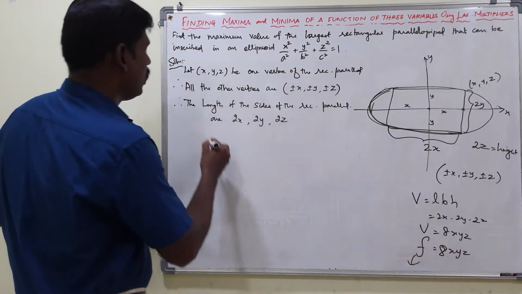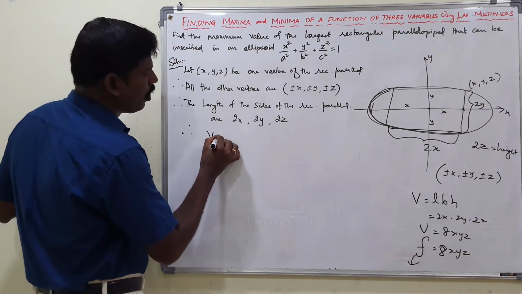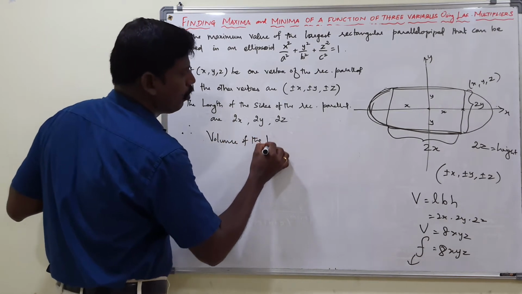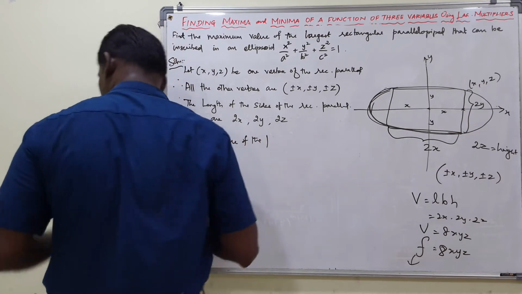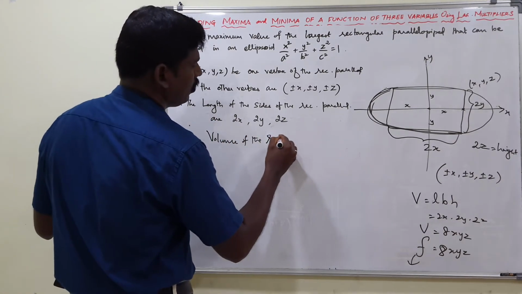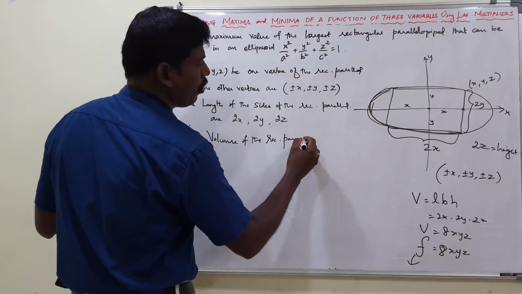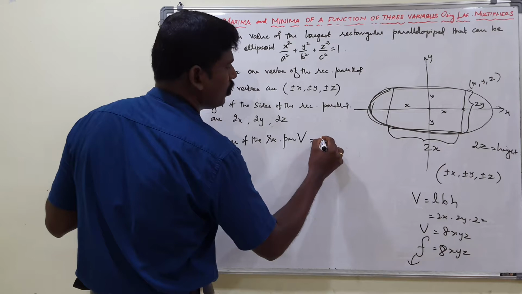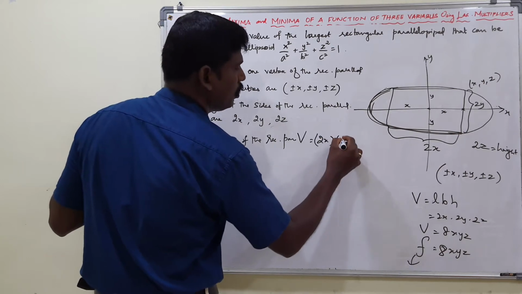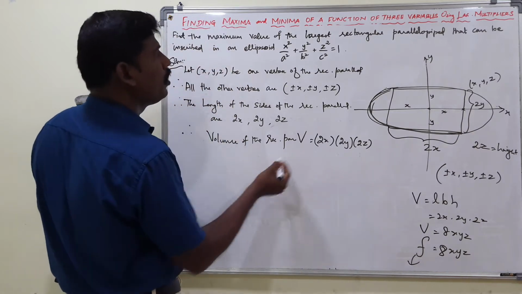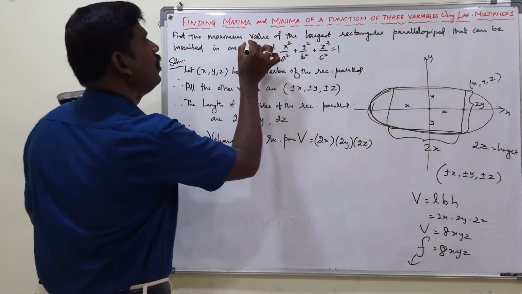And therefore its volume, the volume of the rectangular parallelepiped, V is equal to 2x into 2y into 2z. So I am going to find the largest volume, the maximum value.